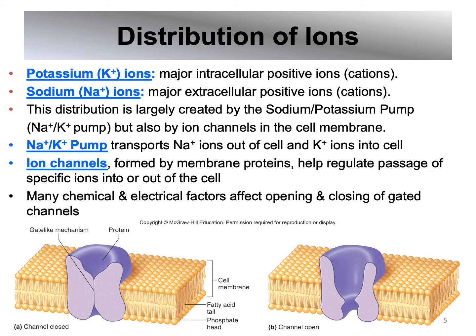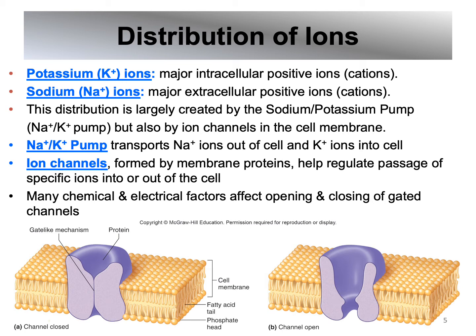However, ion channels formed by membrane proteins help regulate the passage of specific ions into or out of the cell according to the concentration gradient, which is passive transport. Many chemical and electrical factors affect the opening and closing of gated ion channels.